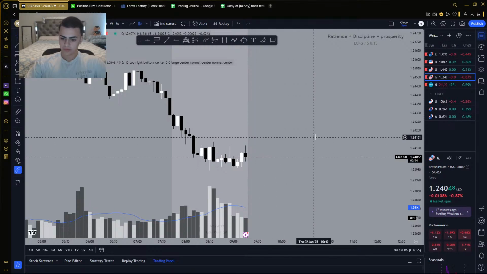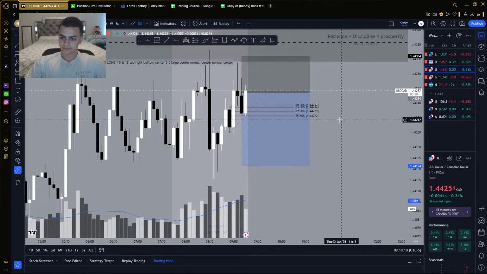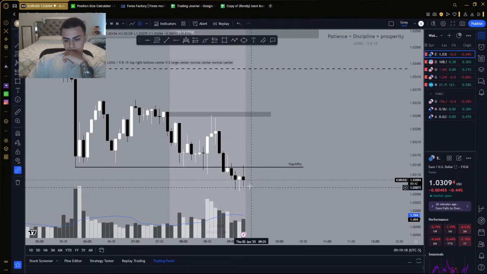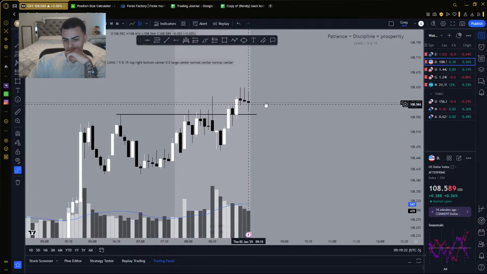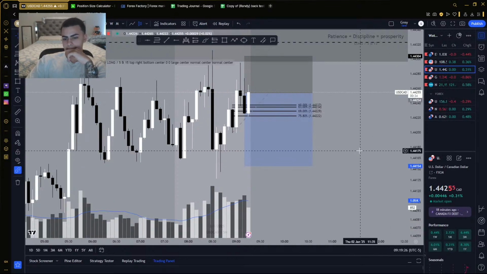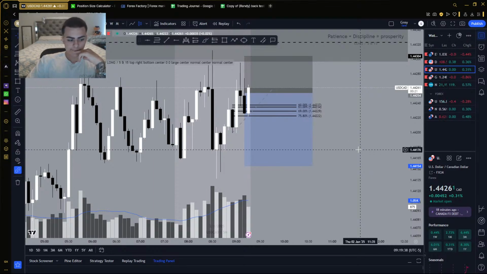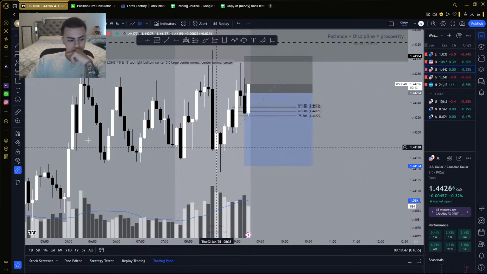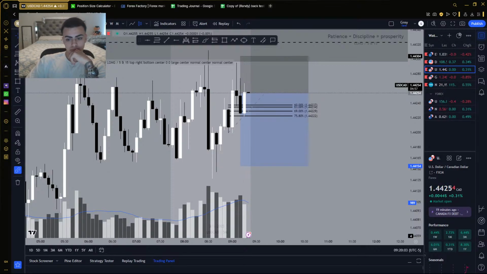Let's check out this one. This one's starting to reverse back. Check out USD. It went back down. It didn't change structure.